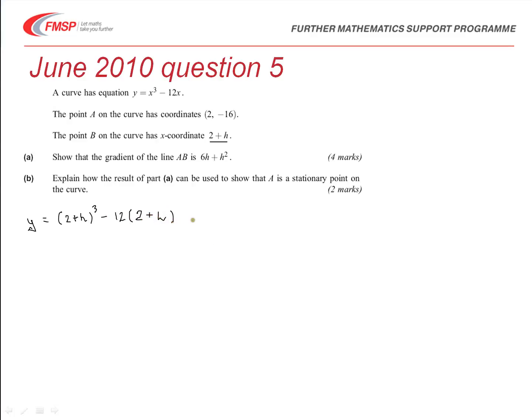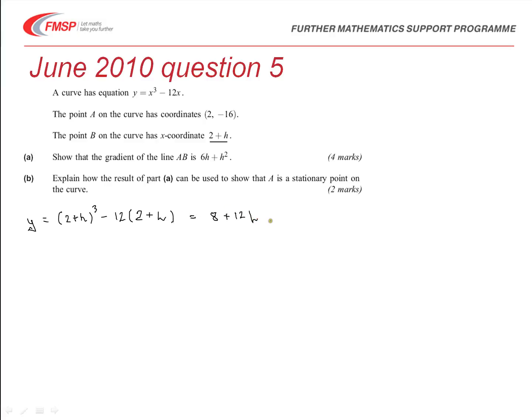Having done that, we need to simplify it. So if we take 2 plus h and work out its cube, we know that 2 cubed is 8, and then we're going to get the 2 times the h times another 2, so that will give us 4h, and we know that that will occur 3 times using Pascal's triangle, so that will end up being plus 12h.